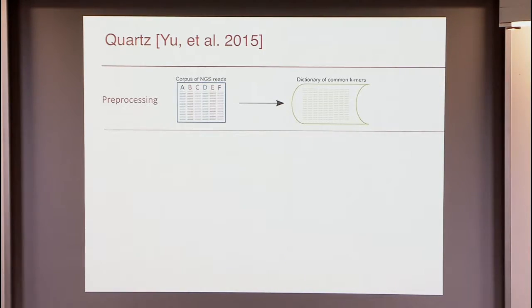First, Quartz does rely on a reference, but it does not need to be a fully assembled reference. It relies on a corpus of reads from which you generate a dictionary of common k-mers. And this only needs to be done once, typically per species.